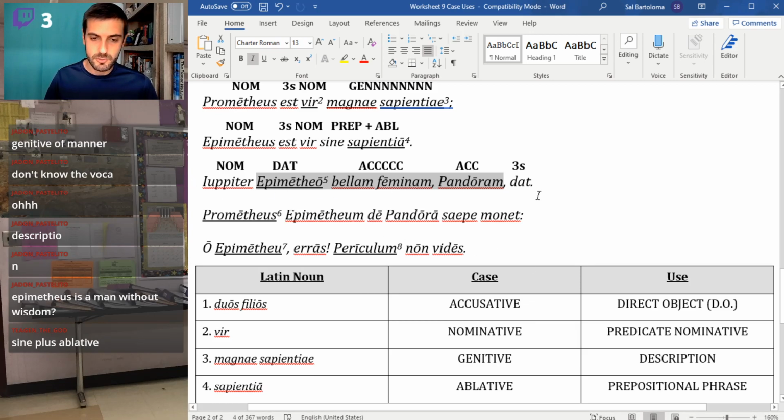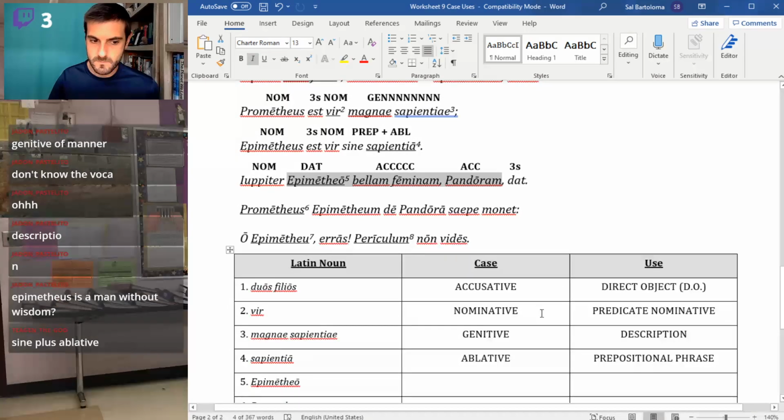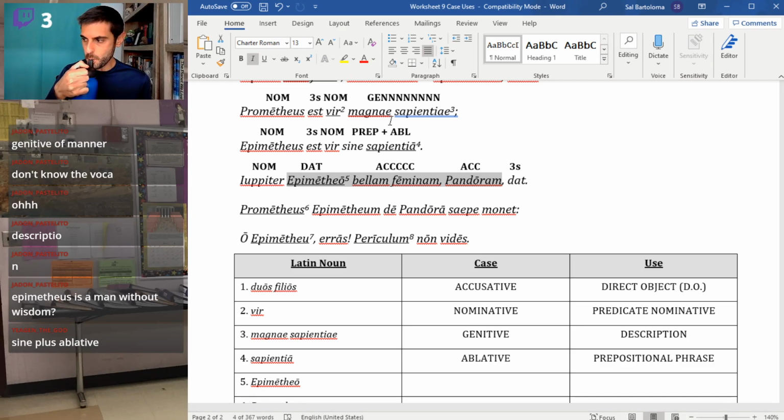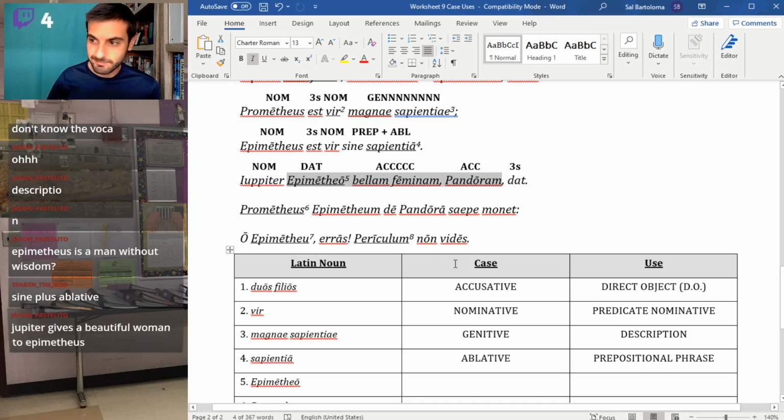So what does Jupiter do in this line? Jupiter dat. I'm looking at you, chat. All right.